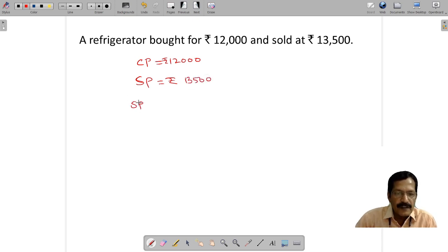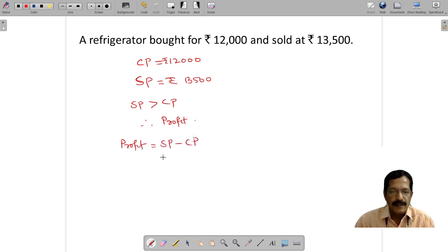Clearly, selling price is greater than cost price. Therefore, there is a gain or profit in that deal. Another word for profit is gain. So what is the profit? Profit is equal to selling price minus cost price, and that is equal to 13,500 minus 12,000, which is equal to 1,500.